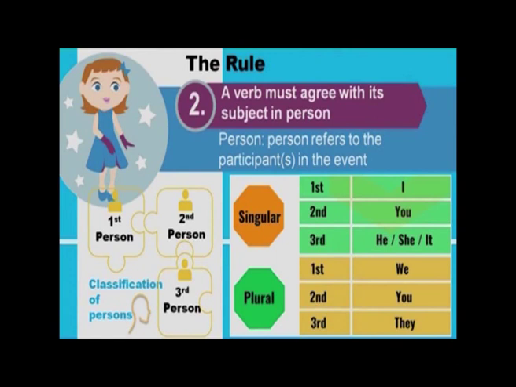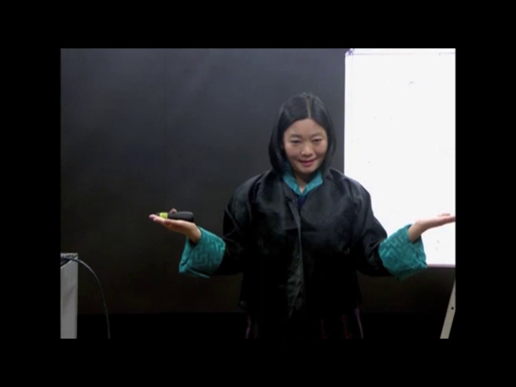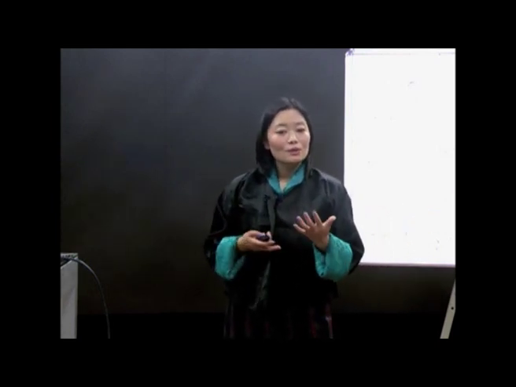And plural form is also you. It refers to many. And third person singular is he, she, it. And plural form of third person is they, everyone. Got it?